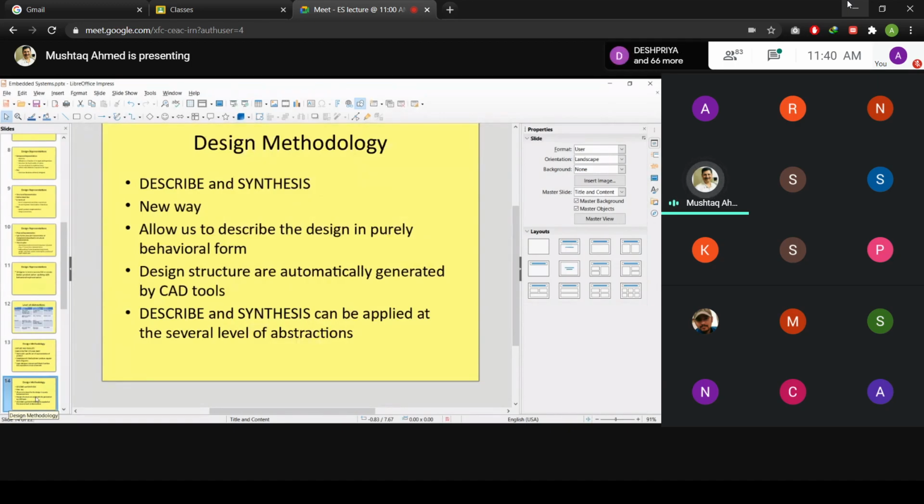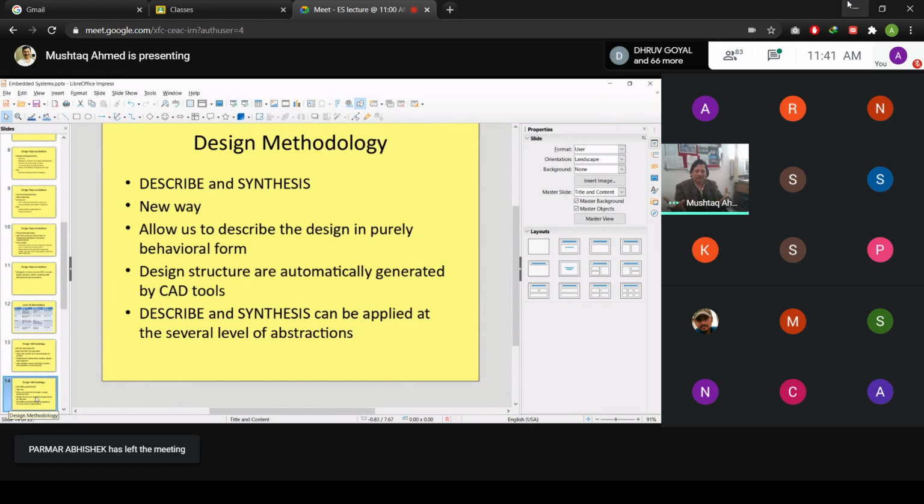But today the other technique is describe and synthesis, that I just require to give the behavioral description of that design, and I have the sophisticated tool available with me, and using that sophisticated tool I can simply visualize that this would be the behavioral and architectural description of the device.